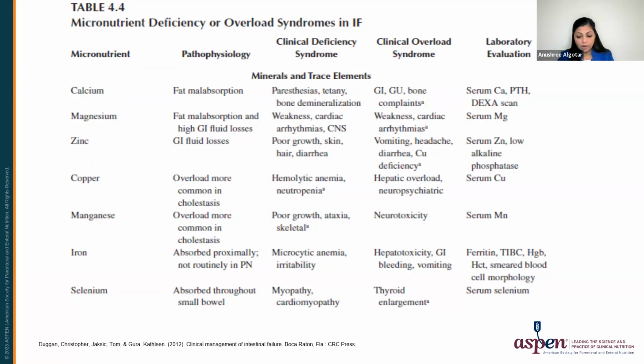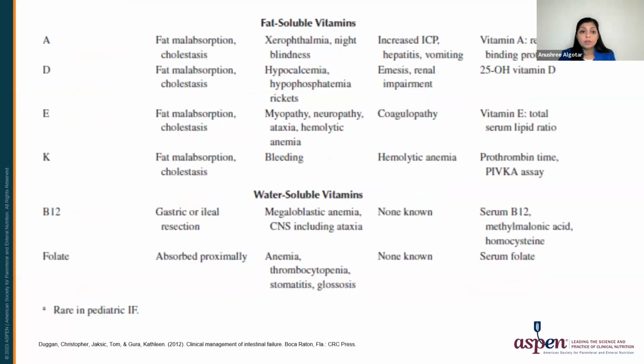Here is a brief summary of micronutrient deficiencies, as well as overload syndromes that need to be taken into consideration with this specific population. So this is a specific clinical scenario and an example of micronutrient monitoring utilized for provision or monitoring of nutrition intervention.